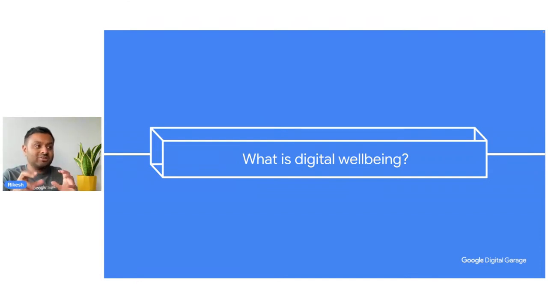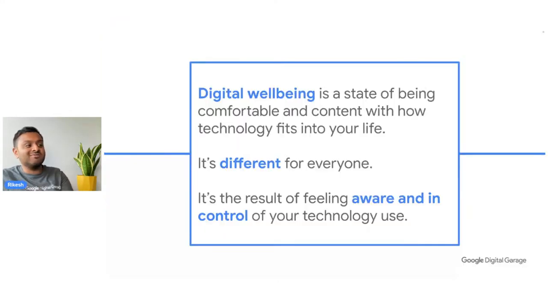So bear that definition in mind, because now if we put the digital back into that phrase, digital well-being is being in a state of being comfortable and content with how technology fits into your life. So that is what digital well-being is all about. You can see that there's a slight alteration.